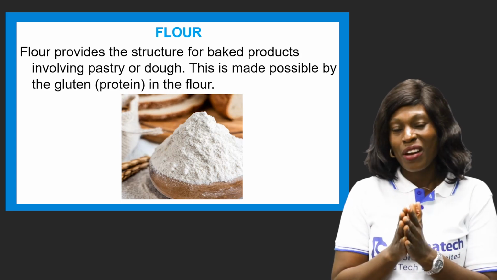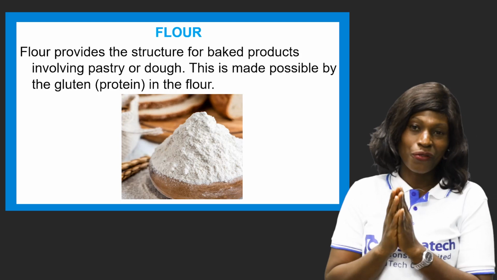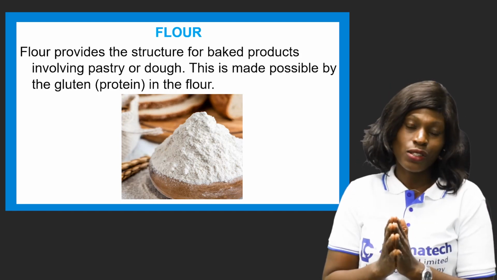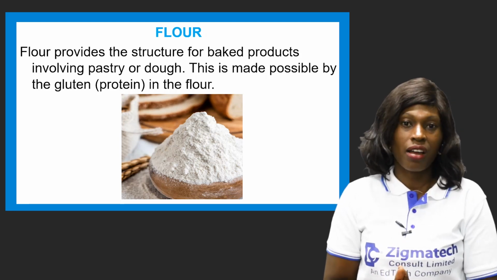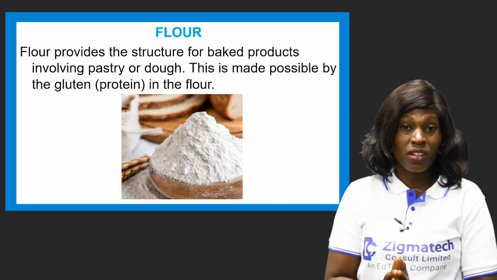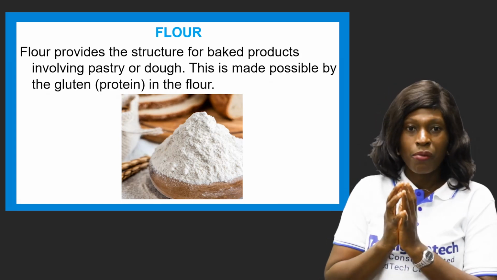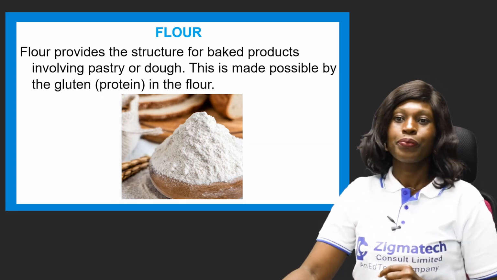It is very important. This is more like the chief ingredient when it comes to baking. You can't do away with flour when it has to do with pastry and then dough. You must have a flour. If it's not a wheat flour, you can be using any other type of flour, but it is very important to use flour as the base to start any product.